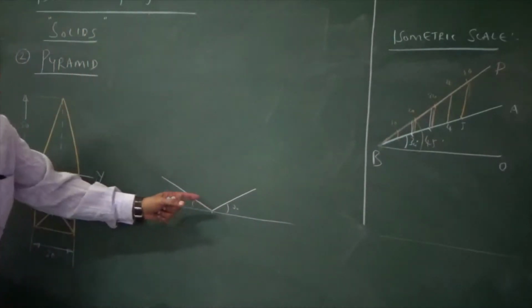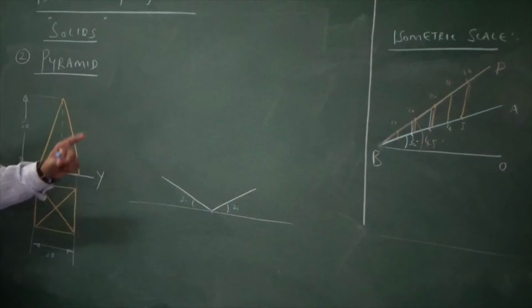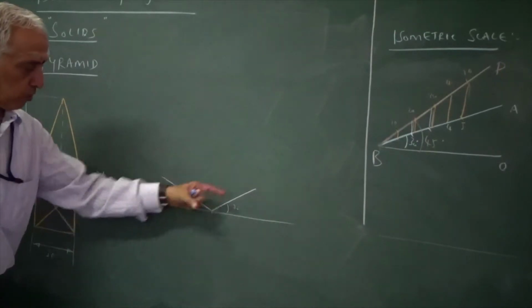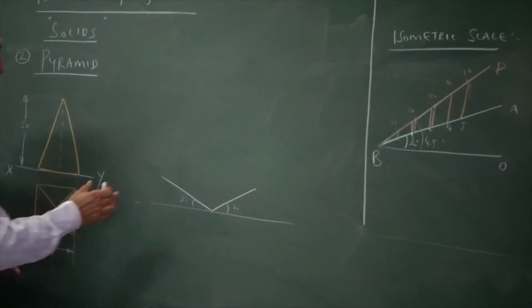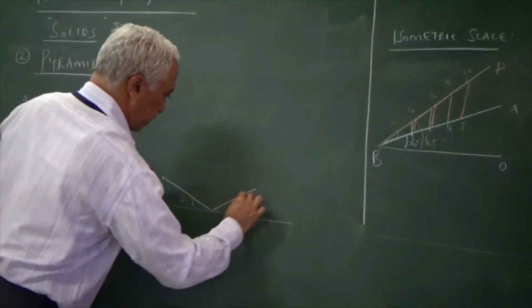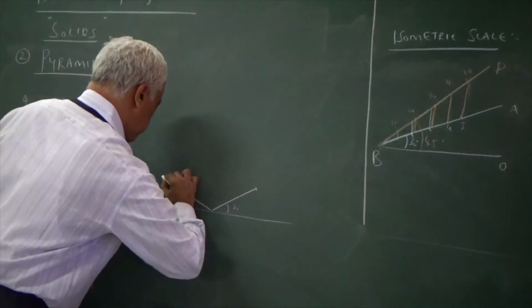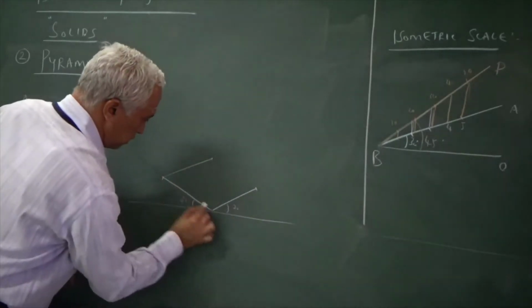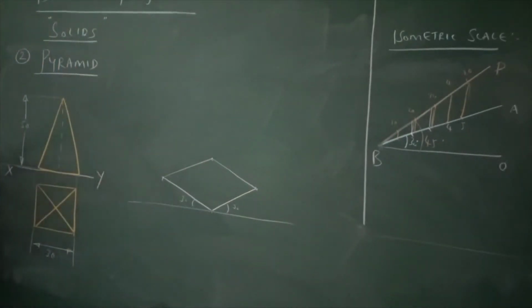Because you know that in the earlier class, when I am drawing the top view, there will be no vertical lines. All lines will be inclined at 30 degrees to the horizontal. Take ISO 30 on either side, ISO 30, ISO 30, and draw parallels to this and this side to obtain the square.